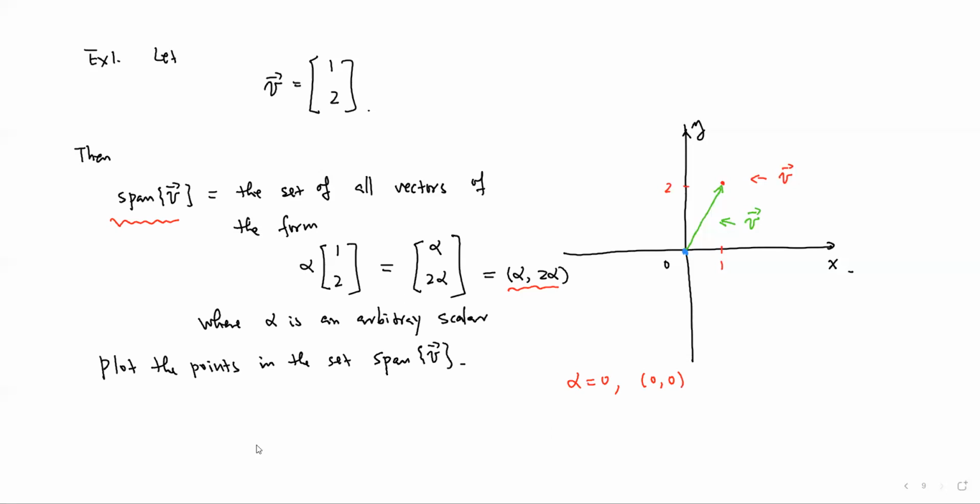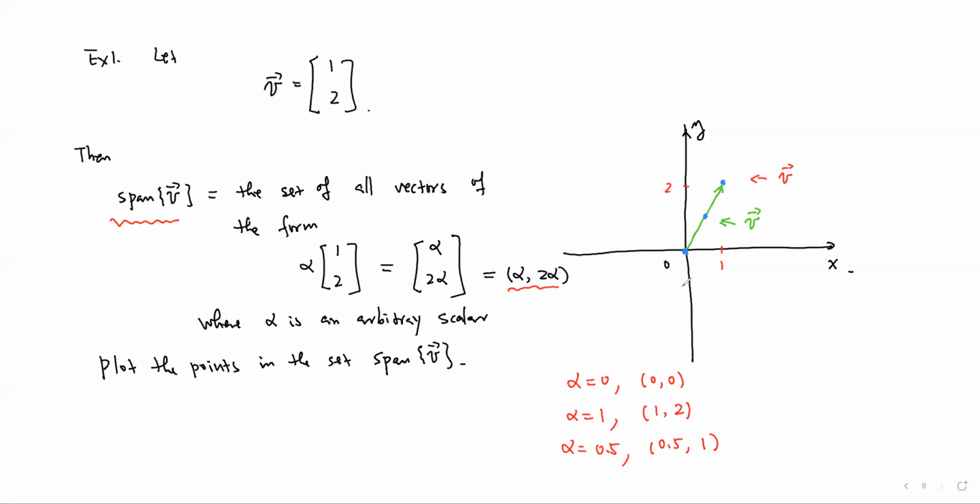How about alpha is 0.5? Then (0.5, 2 times 0.5), which is (0.5, 1). The point is in the middle of this arrow.